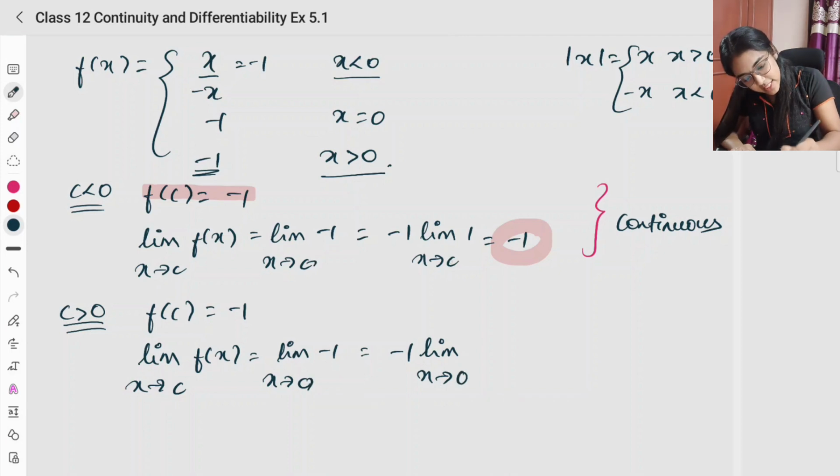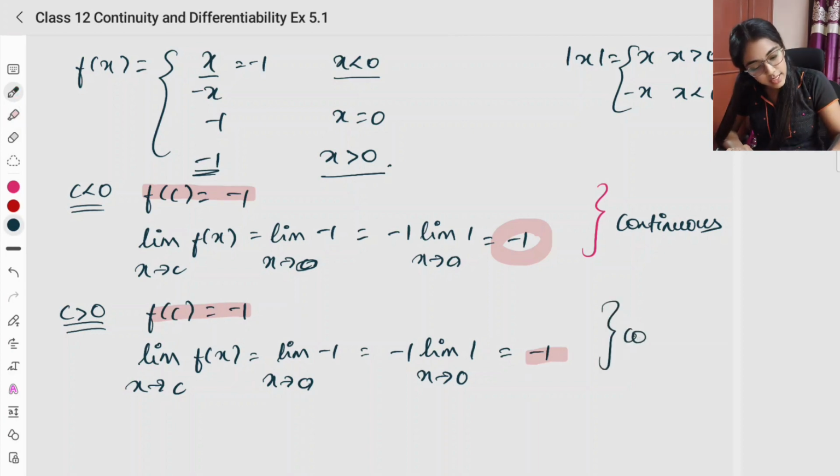Okay, so basically I will substitute the value of 0 here. So in that 0, I have 1. Limit x tends to 0 of 1 is nothing but 1. So I have minus 1 again. So what do you see? I have f of c is minus 1 and the limit here is also minus 1. So this is continuous when c is greater than 0.